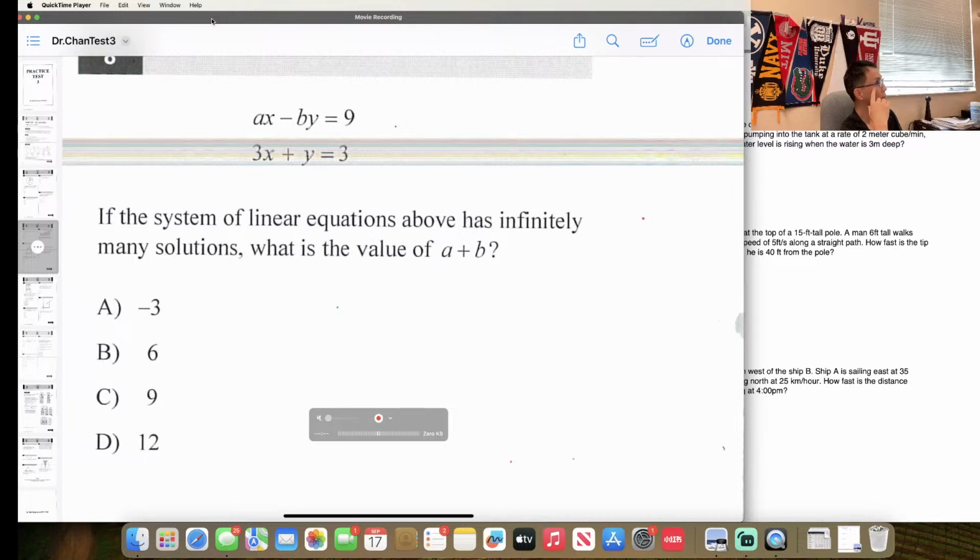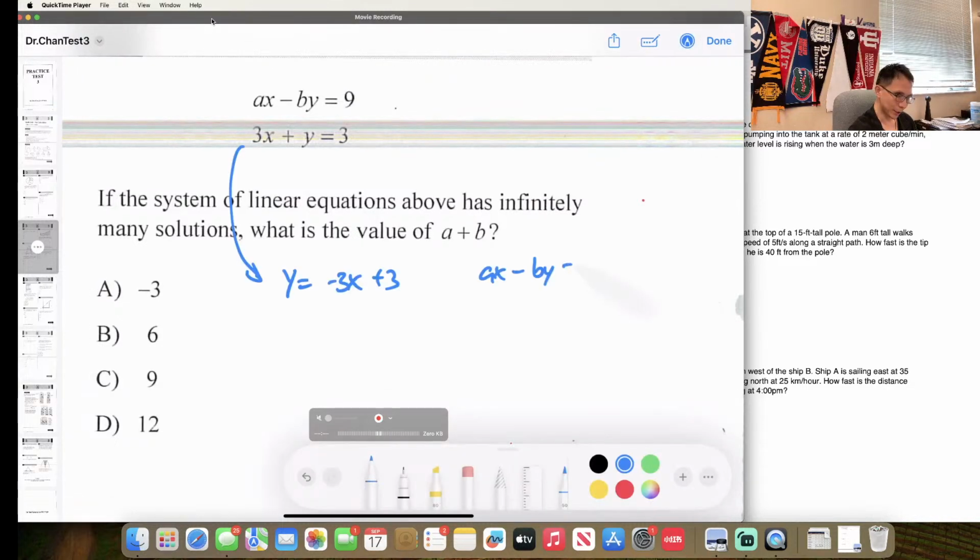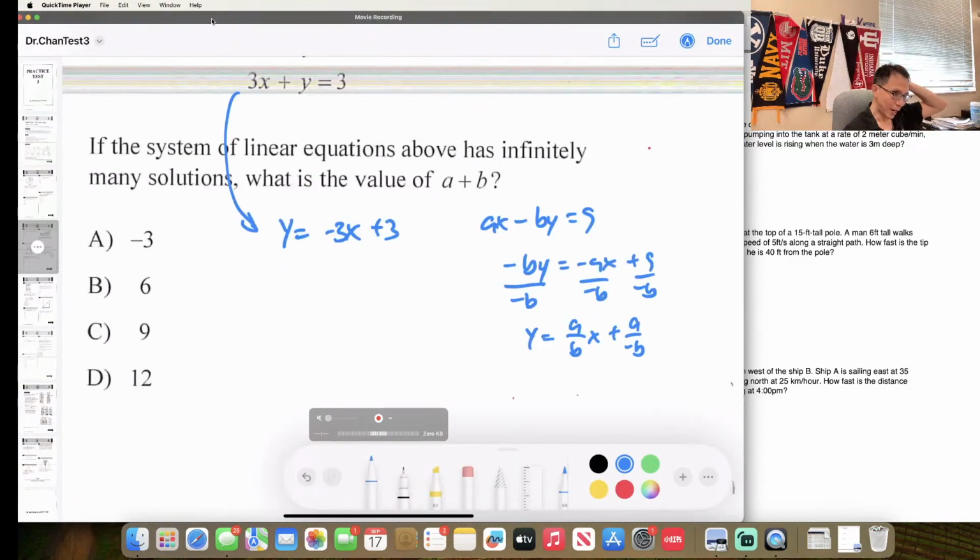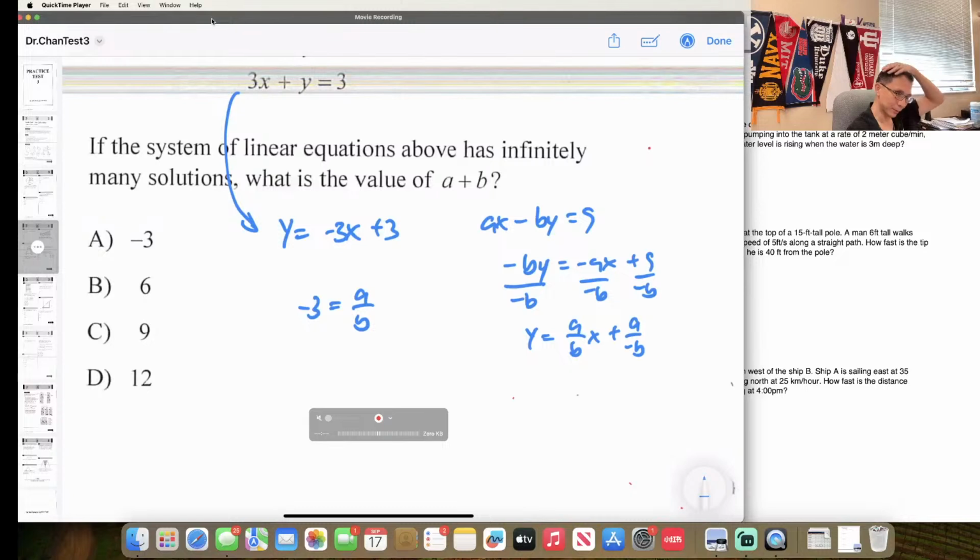Anybody else? Is equal to 9. They have to. Is that okay?